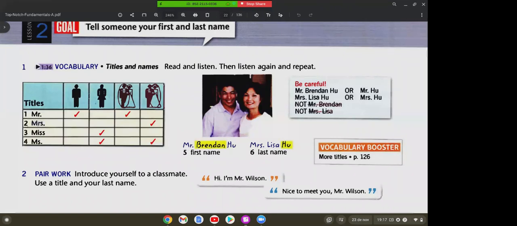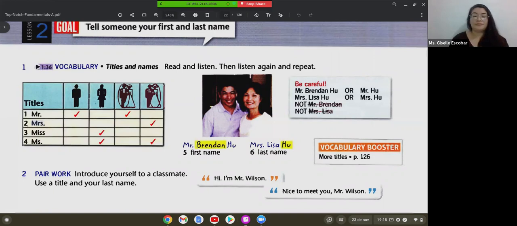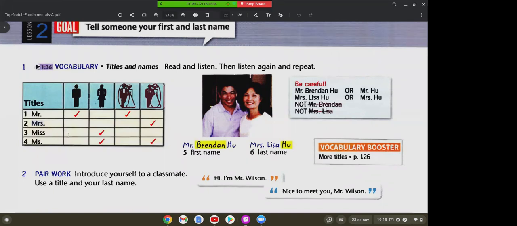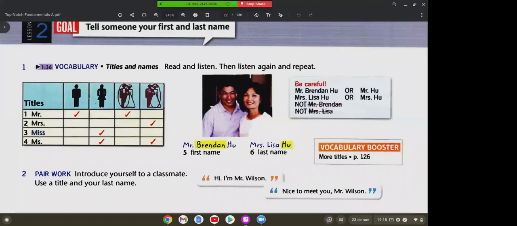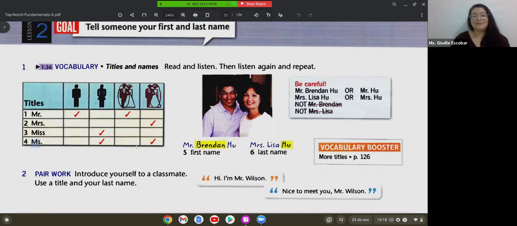Mrs., señora. Miss, señorita. What about Ms.? Puede ser señorita casada o se puede estar usando simplemente como una abreviación de Miss, ¿ok?